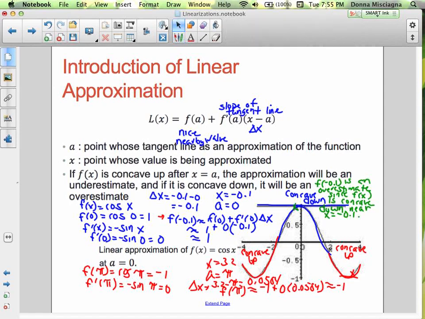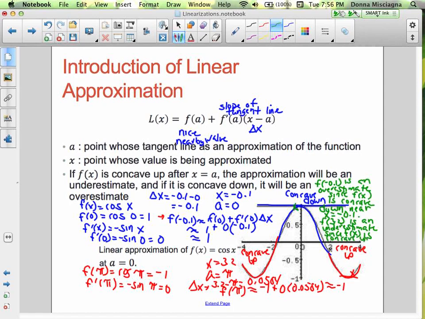So we can say that f of 3.2 is an underestimate since f of x is concave up near x equals 3.2.